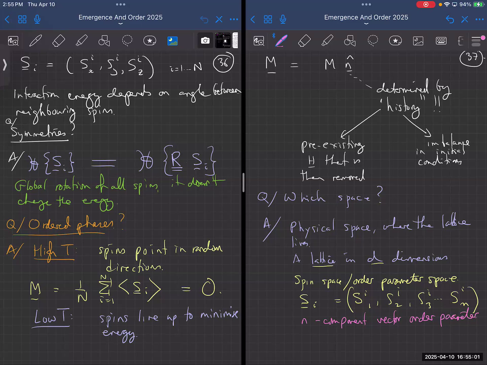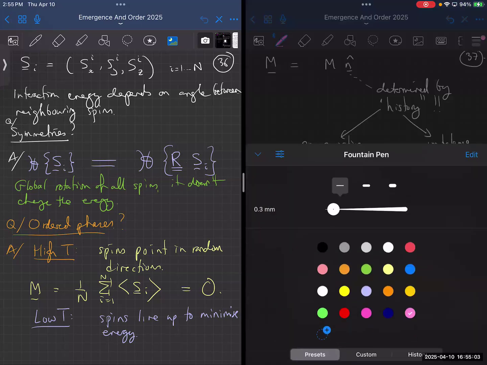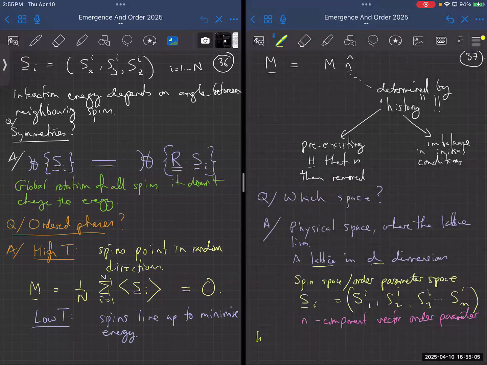And so when we talk about the invariance of the Hamiltonian, I say the Hamiltonian with some rotation R acting on the spins is invariant under those rotations. Which space is this R in?